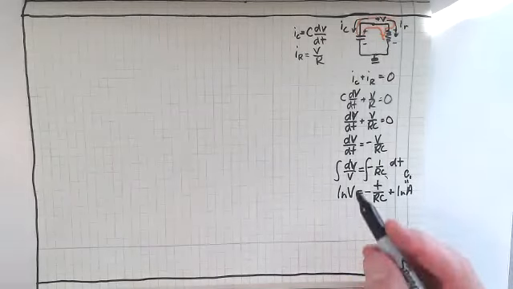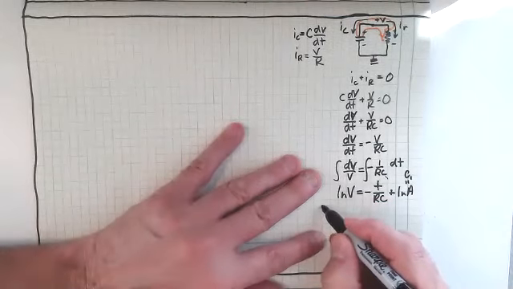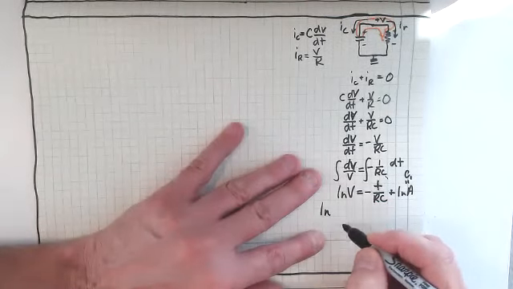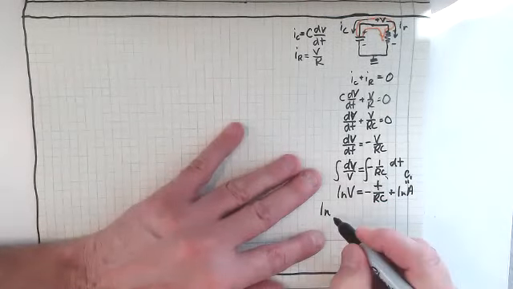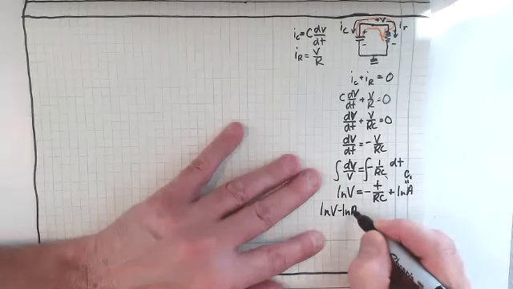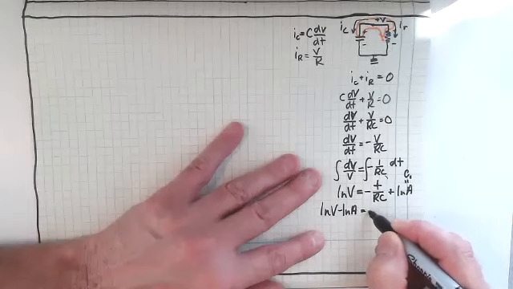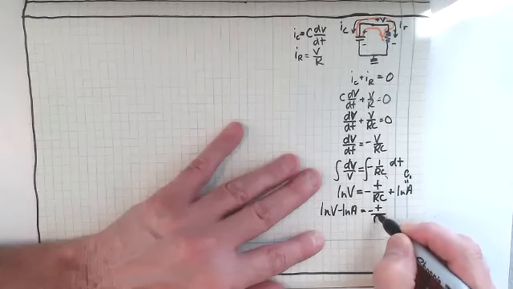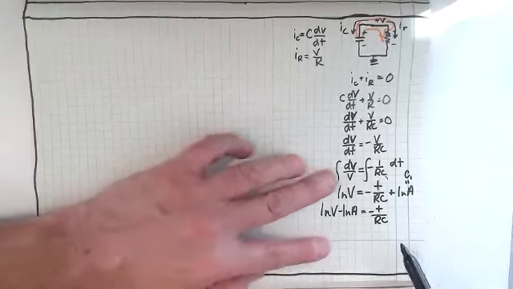So now basically what we do is we use the natural log identity. So I've got ln v minus ln a equals minus t over RC, right?